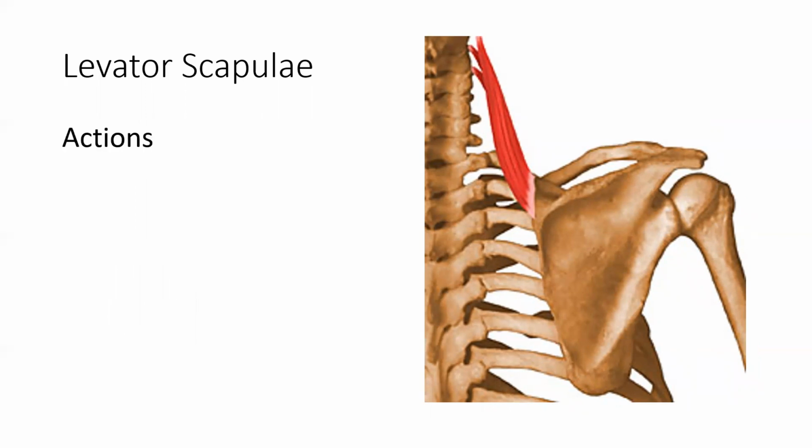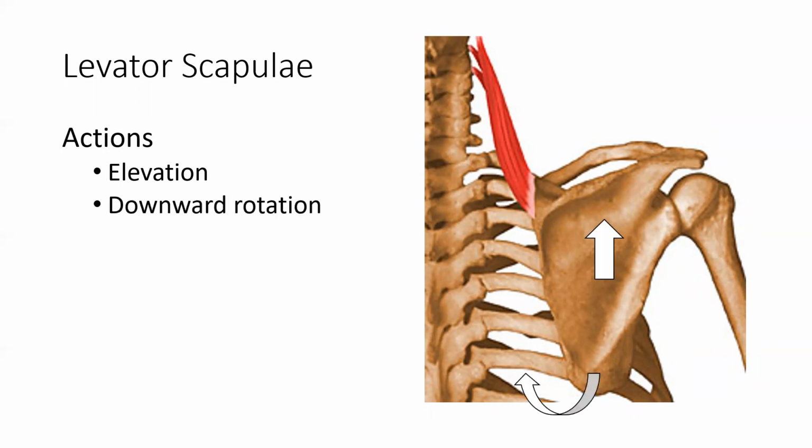So start thinking, what are our possible assumptions? Okay, the first one, obvious, is elevation. So that inferior insertion is going to move towards that superior origin. When it comes to rotation, we're going to get some kind of downward rotation here. So if we lift that edge, that superior angle, medial edge, if we lift that up, the scapula will begin to draw its way towards the spine.